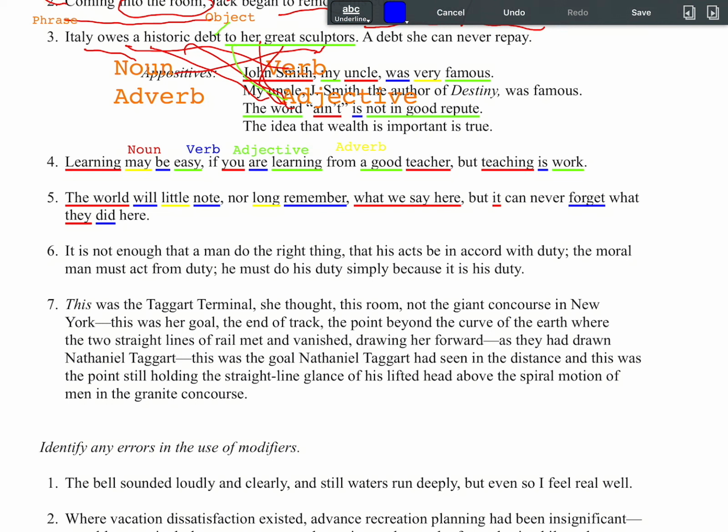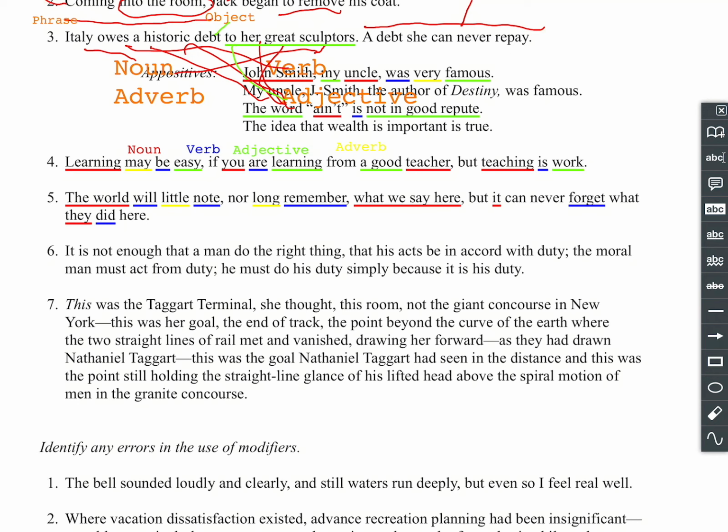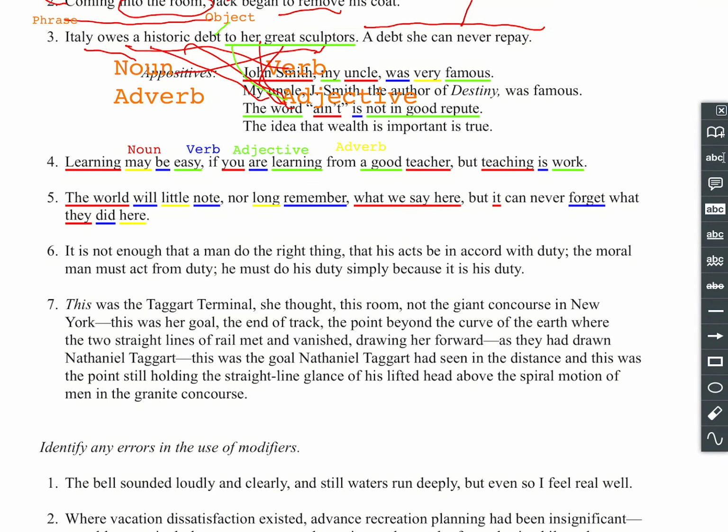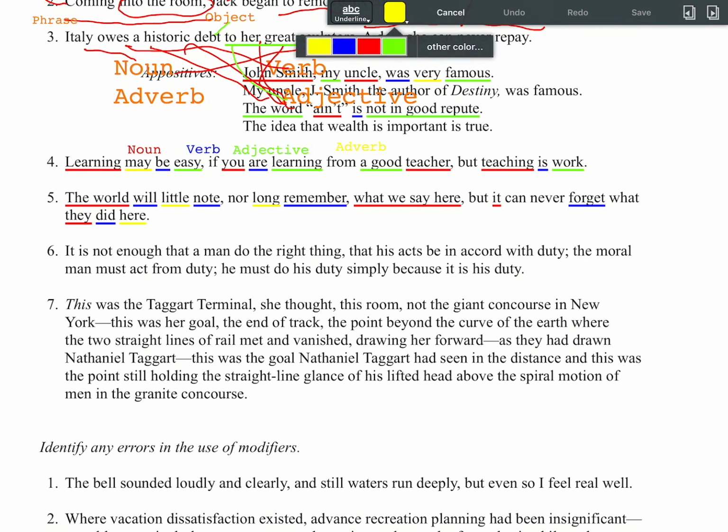It tells us about the did, I think. Yeah, it's telling us where they did it. So you can mark stuff multiple ways because it's part of a phrase and the phrase has a part of speech as a whole, but also the individual things have a part of speech.